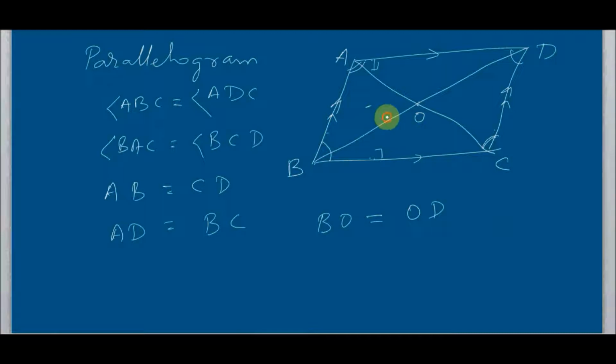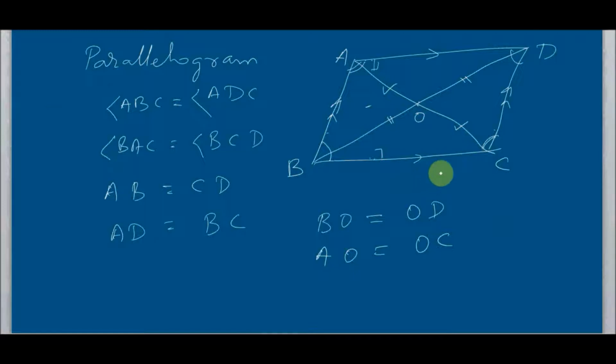That means this line segment will be equal to this line segment, and similarly AO is equal to OC, this one and this one, right? So diagonals bisect each other equally. Clear? So these things were important to know.